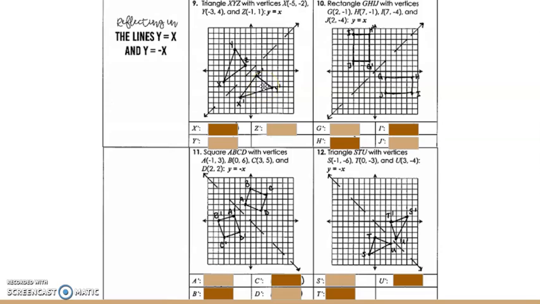To get our image, it's a little more complicated, but what I suggest is that you pick one point to figure out the distance between our line of reflection, and then base everything off of that. So if I pick point Z, Z is 1 unit away from our line of reflection. So Z prime is going to be 1 unit away from our line of reflection.